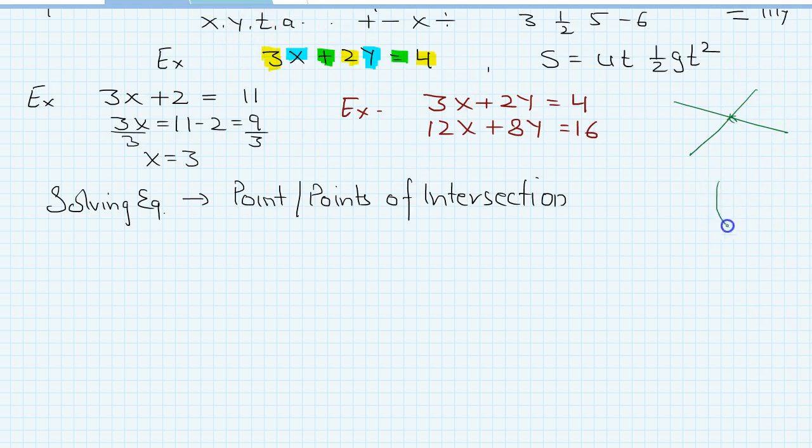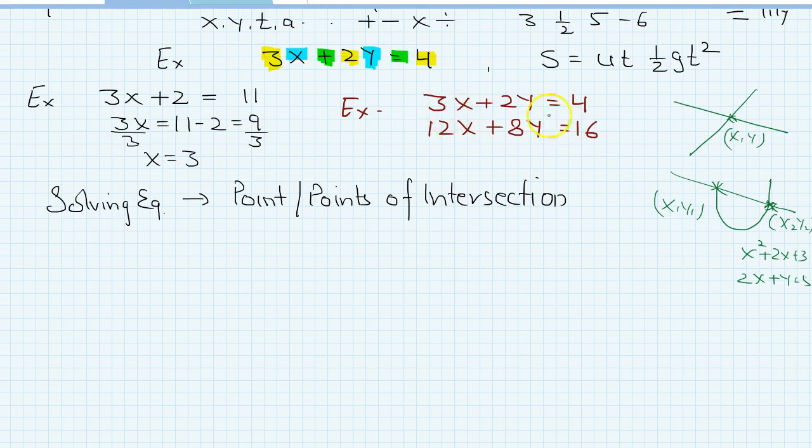Or if you have the equation of a curve, say x square plus 2x plus 3, and the line 2x plus y is equal to 5, you will get two answers. So solving equations means you have to find these points of intersection, meaning the value of x and the value of y, or in this case, if it is a quadratic equation, the values x1, y1 and x2, y2.